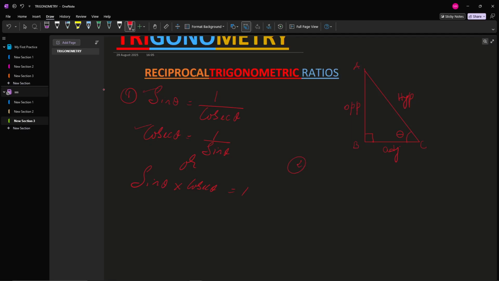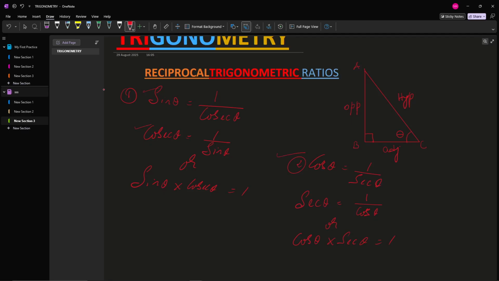Now the second one we learned was about cos theta. Cos theta's reciprocal is 1 by sec theta. Right? When you do it the other way, sec theta is going to be equal to what? 1 by cos theta, or cos theta into sec theta is equal to 1.